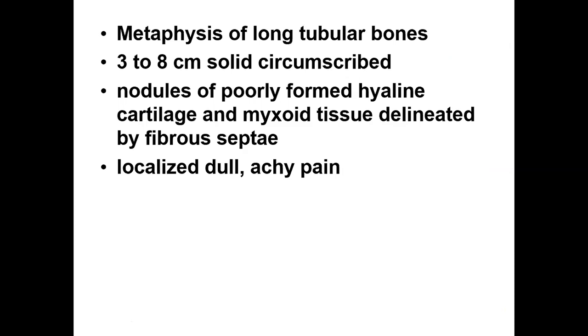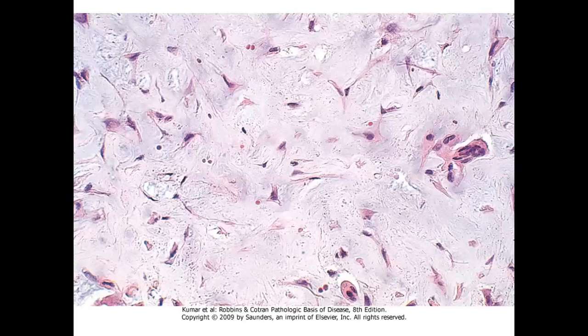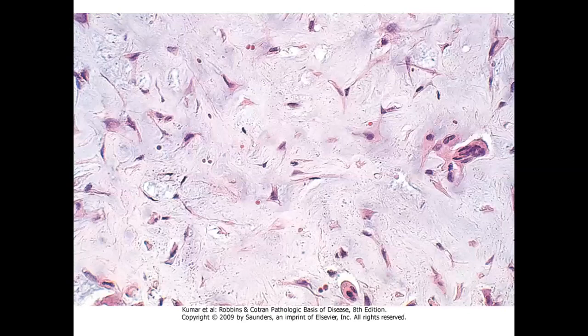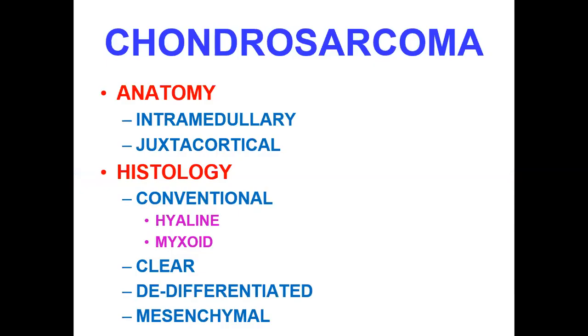Metaphysis of long bones, 3 to 8 centimeters, solid circumscribed nodules of poorly formed hyaline cartilage and myxoid tissue, delineated by fibrous septa. There is localized dull pain at the affected site. Chondromyxoid fibroma.